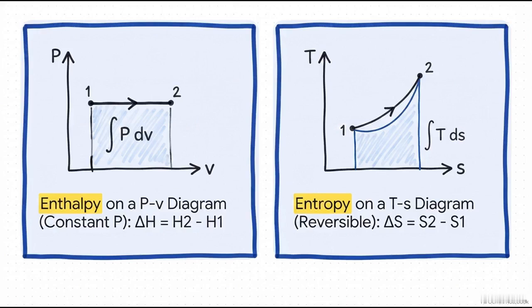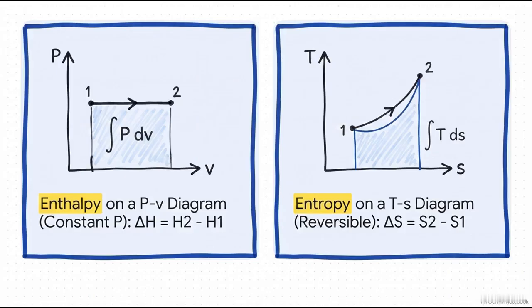Now, for our second canvas, picture a TS diagram. Here we have temperature on the vertical axis and our new friend, entropy, on the horizontal axis. If a process moves horizontally on this graph, the temperature is constant. But if it moves perfectly vertically, straight up or down, the entropy is constant. That means the process is perfectly reversible with absolutely no heat transfer.